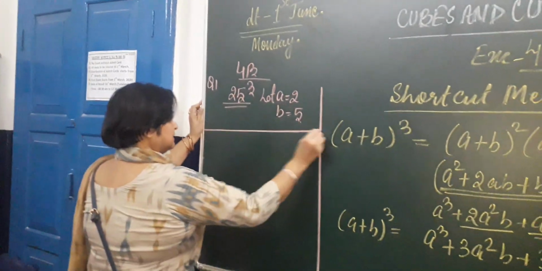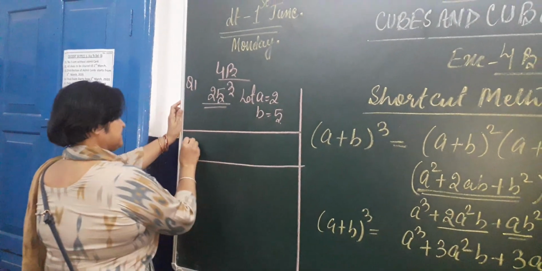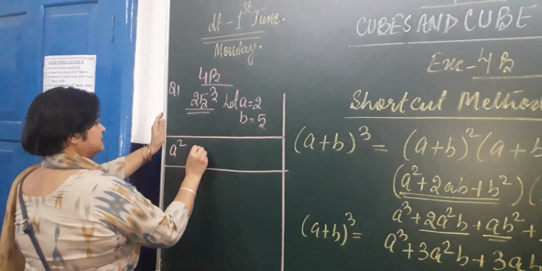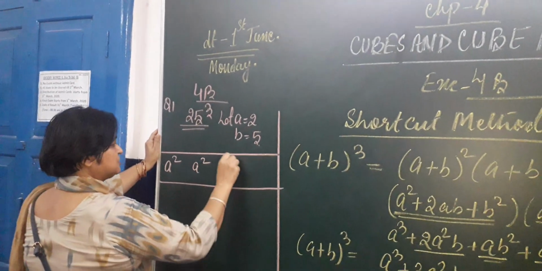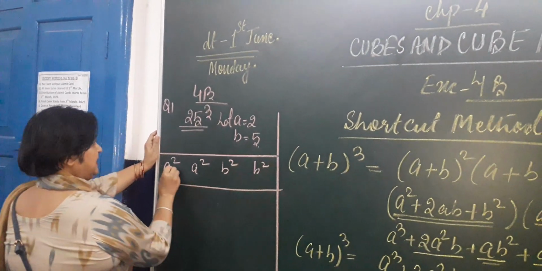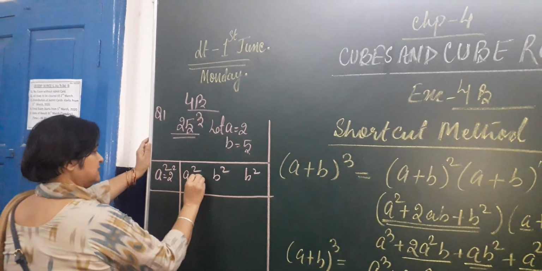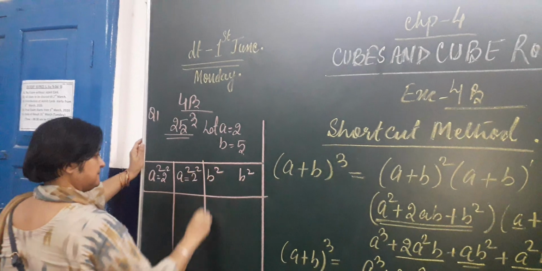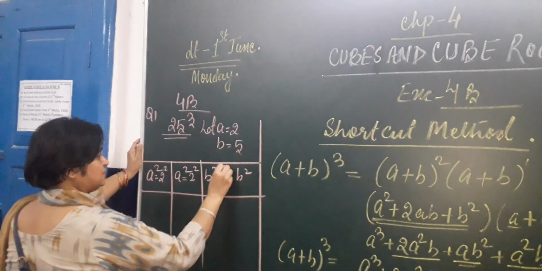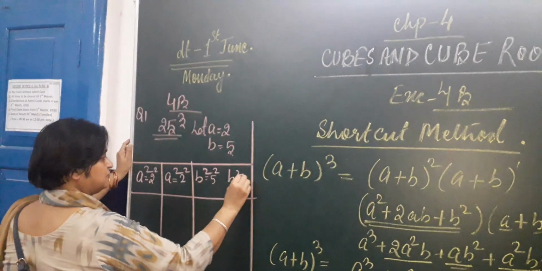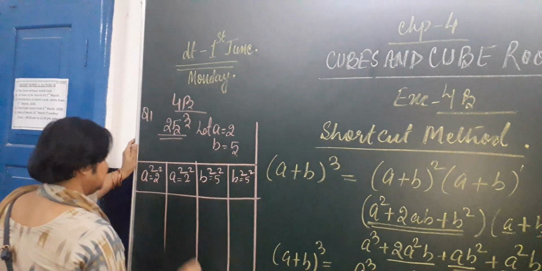Now let us see what happened. This is the table. A square, B square was there. A is 2, means 2 square. Again 2 square. B is 5, means 5 square. Here it is also 5 square. Let's see what comes.